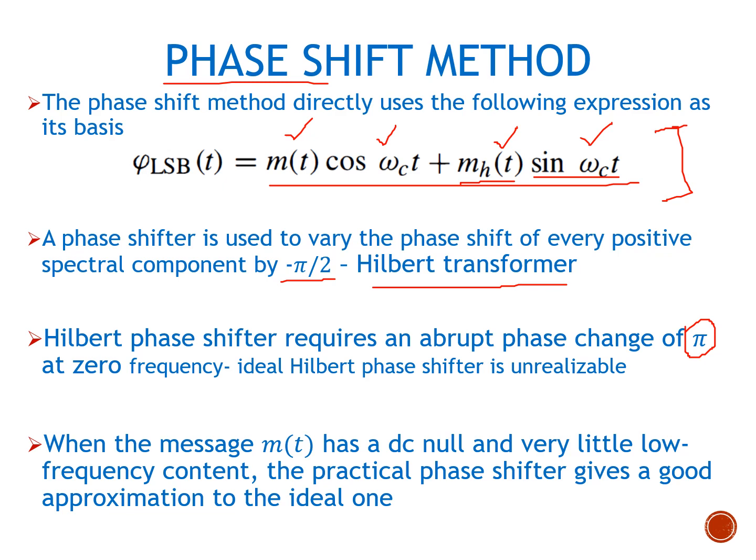But that's not a big issue if the message signal m(t) has DC null or very low frequency content around zero frequency. Then even an approximate Hilbert transformer can perform very well.